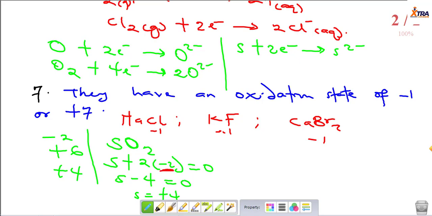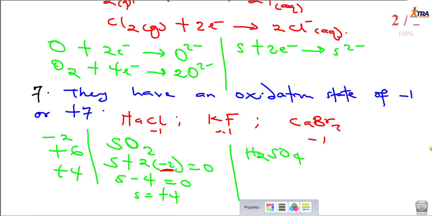Now, if I ask you to calculate the oxidation state of sulfur here, this is tetraoxosulfate(VI) acid. Tetraoxosulfate(VI) tells you that the oxidation state of sulfur here is +6, right? Okay, let's calculate it so you will understand. But then we are cognizant of time. Hydrogen has an oxidation state of +1, sulfur S, oxygen has an oxidation state of -2, and this equals 0 because it's a neutral compound.